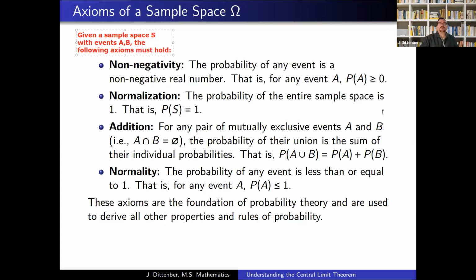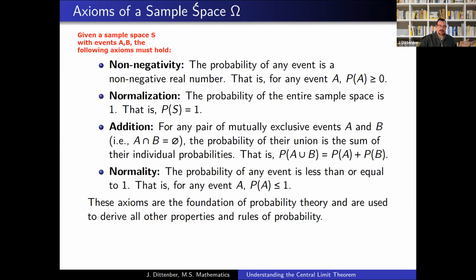That's better. Okay, so normalization just means that the maximum probability is 1, and that the probability of the entire sample space is 1. This means that there must be an event in the sample space that will occur, and that essentially there cannot be an event outside of the sample space that can occur.